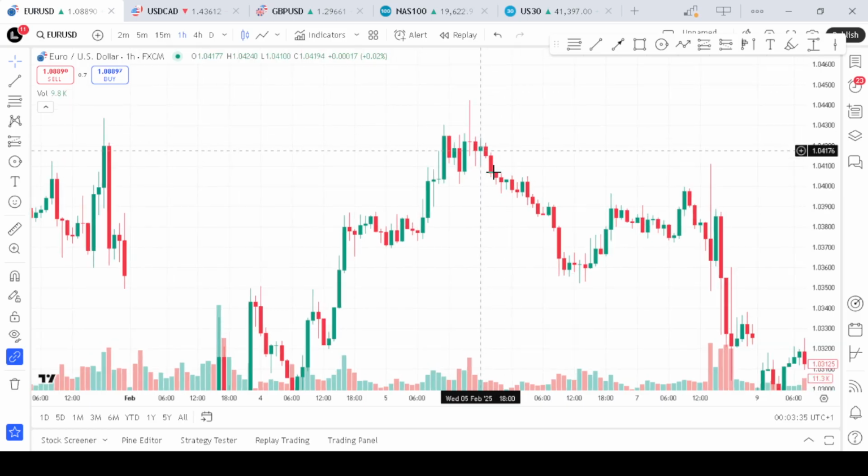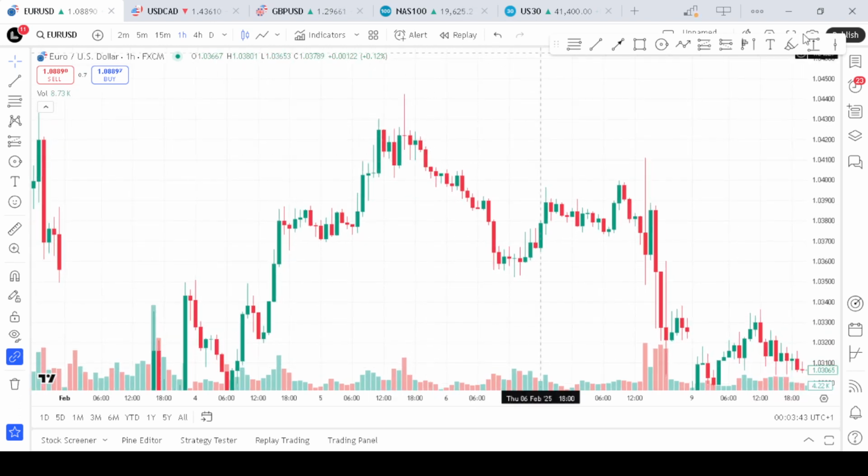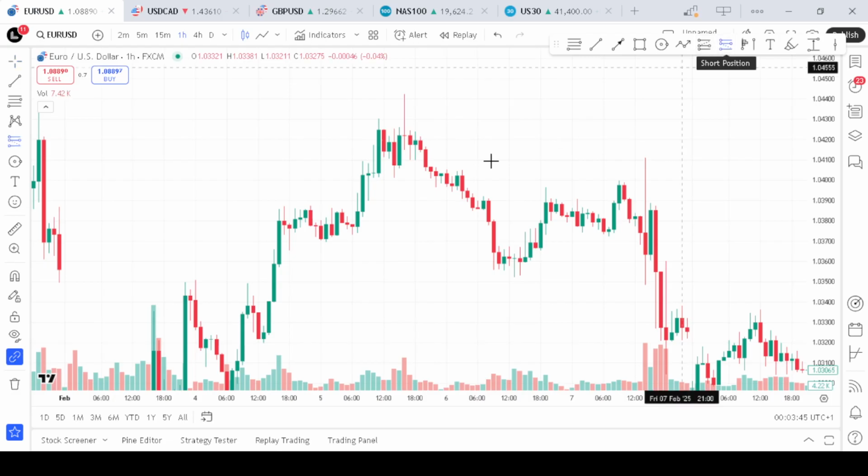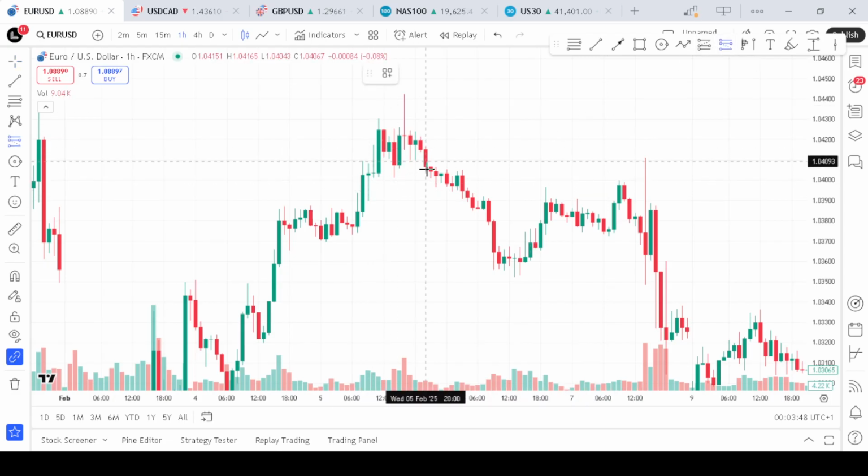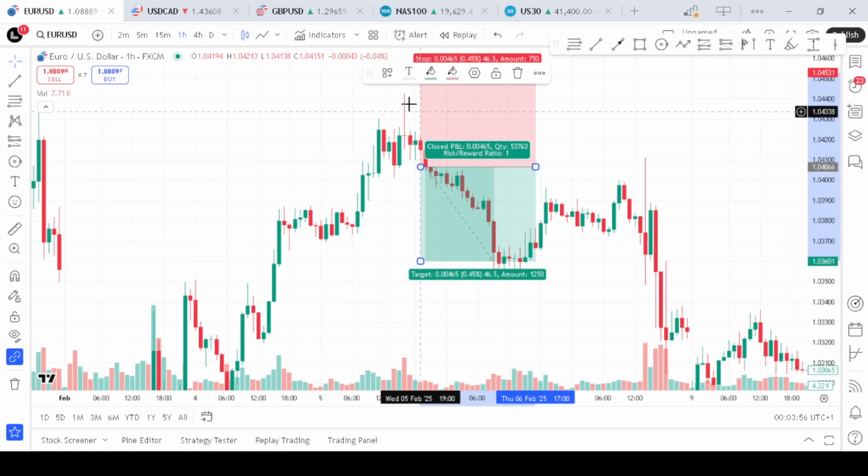To be more conservative, you look for a bearish candle to close below the hanging man candle pattern, and that will be your entry signal.